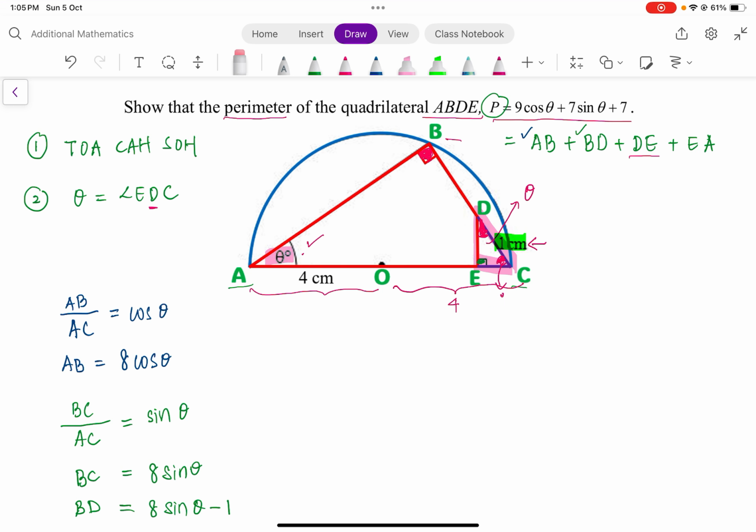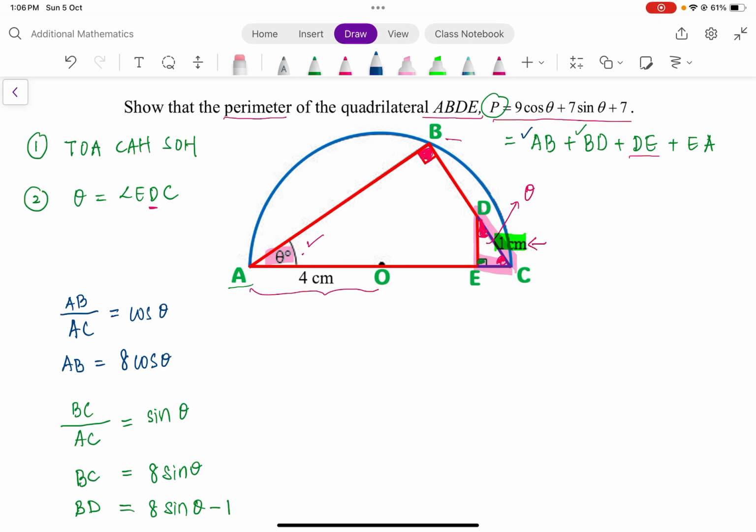If I look at this triangle, what do we have? Angle D is theta, and I know that DC is equal to 1 cm. Then how about DE? In this small triangle, I have DC, which is the hypotenuse, and DE is the adjacent.